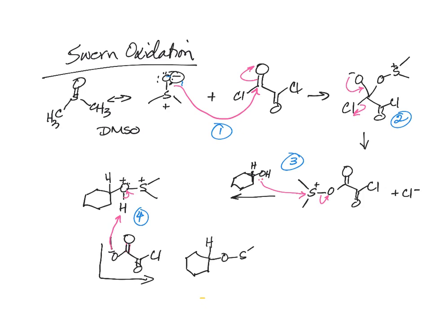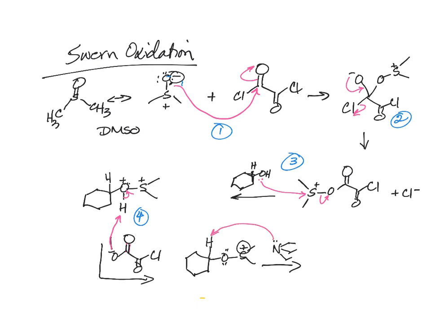Okay, so next step. That leaves us with still an intermediate, oxygen attached to sulfur, plus charge on the sulfur. And then the last step, we're going to use triethylamine. So the nitrogen, three ethyl groups on it. There's a lone pair, and what that will do is, it's a good base.